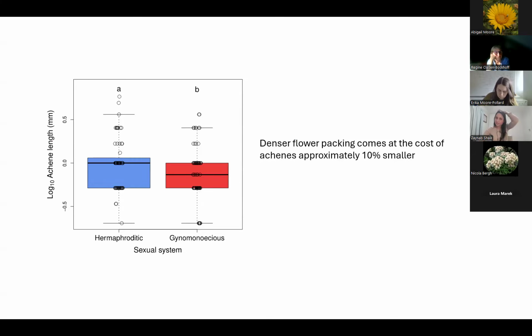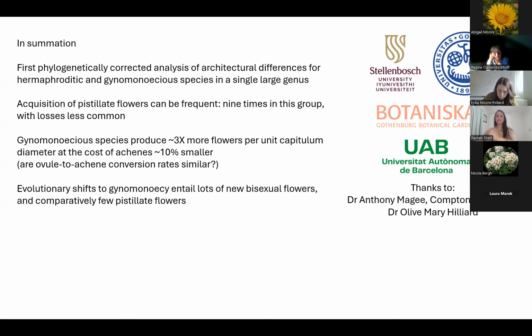So in summation, we present the first phylogenetically corrected analysis of architectural differences for these 2 alternative sexual systems in a single large genus. We show that the acquisition of pistillate flowers, so shifts from hermaphroditism to gynomonoecy, can be remarkably frequent, 9 times in this group, excluding the terminals, with losses of pistillate flowers being less common.